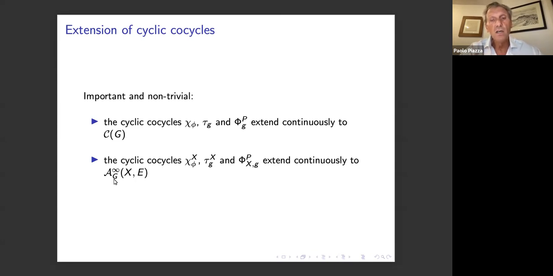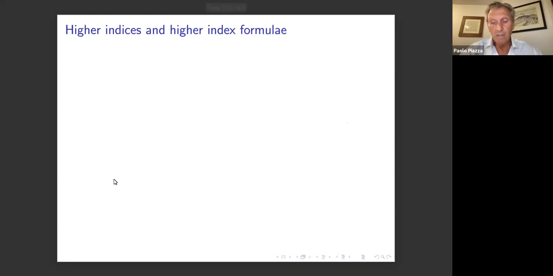And similarly, for the one defined on X, they extend from the smoothing operators of G-compact support to these more general smoothing operators on X, G-invariant, of course, G-equivariant. This always takes some effort, but it is true that you can do that.